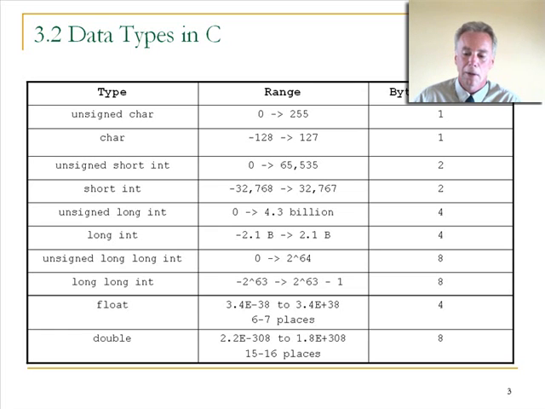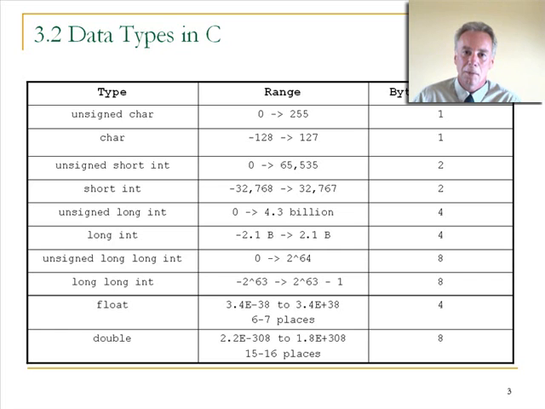More recently in the language, an 8-byte integer data type was added, and it's called the long long int. So the range of values in a long long int is minus 2 to the power of 63 through 2 to the power of 63. So very large integer values could be stored in it.